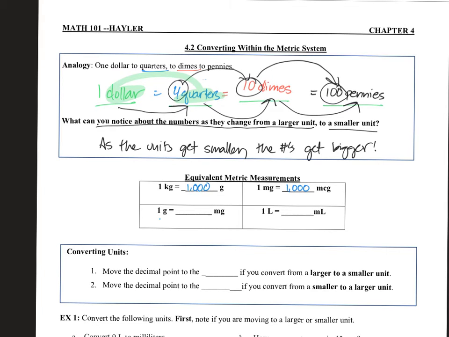And then 1 gram is going to be the same as 1,000 milligrams. And then 1 liter is the same as 1,000 milliliters. Okay, so notice, these are good things to remember, have memorized.